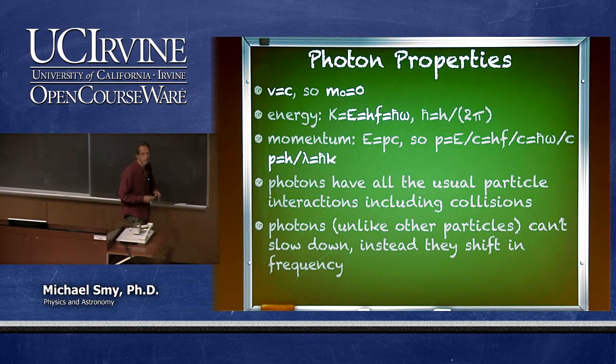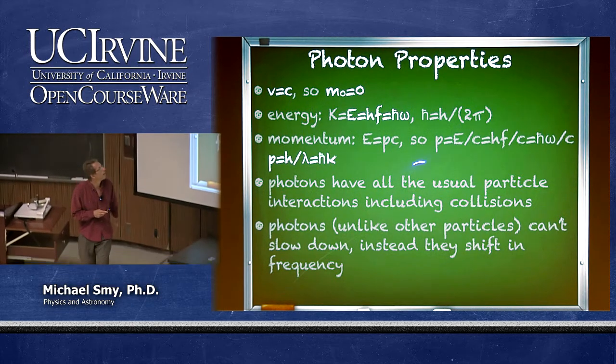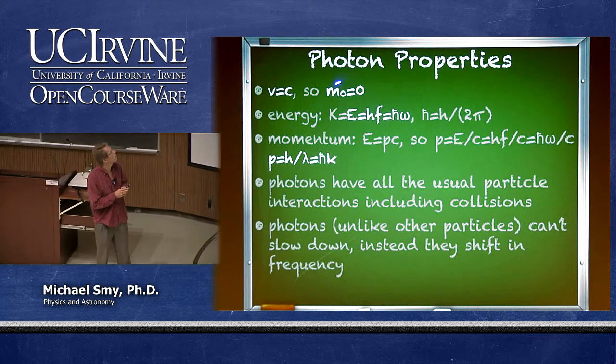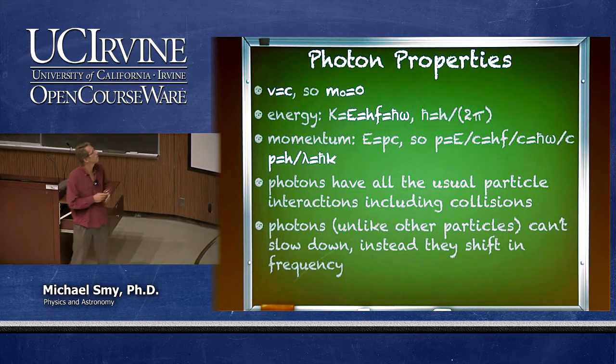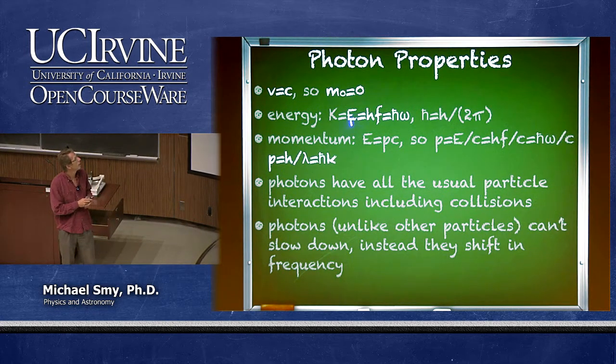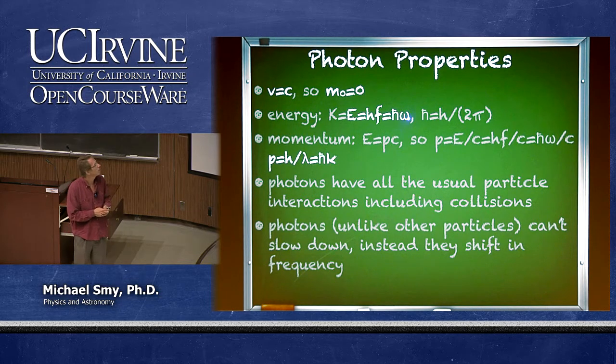So we have the following photon properties. It has no rest mass since it moves at the speed of light. Its energy is given by the Planck quantum times the frequency, or we can also say the Planck quantum divided by 2 pi, which is usually called h bar, times the angular frequency omega.